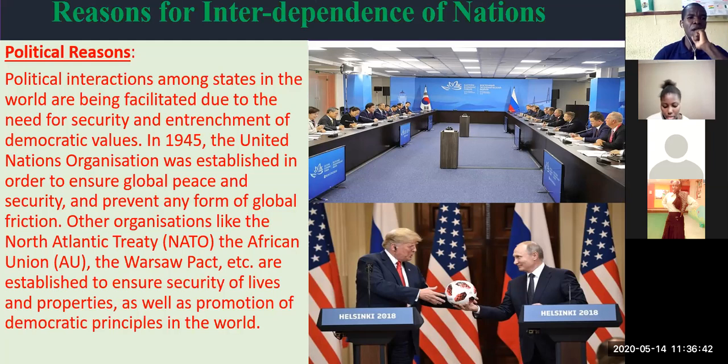And we have the Warsaw Pact, which was an organization for countries that practice or observe socialism. And we have the African Union. It was established in 1963 as the Organization of African Unity, now African Union. It is meant for all independent states in Africa. So all African countries interact on political grounds under the platform of African Union.